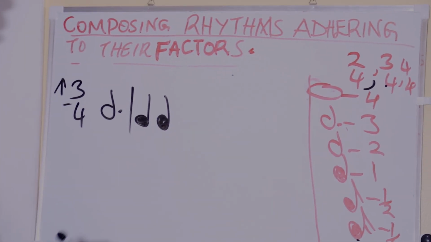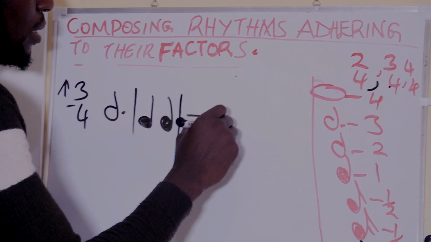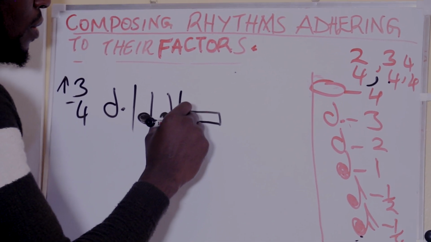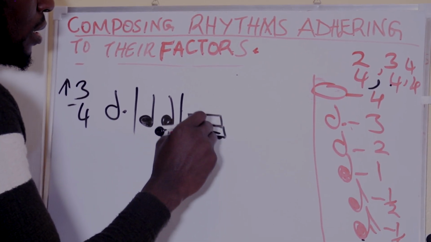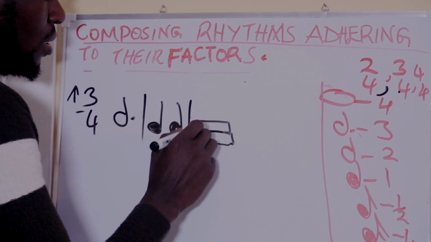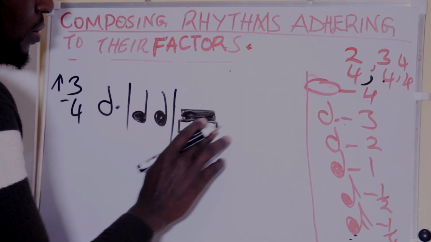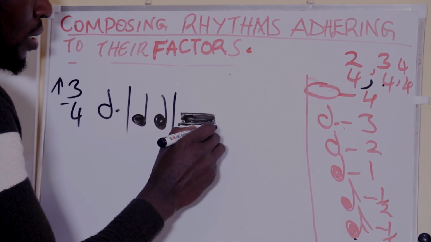Like that. Then let me have the rest of a dotted minim. The rest of a dotted minim will look like this. This one was too big.